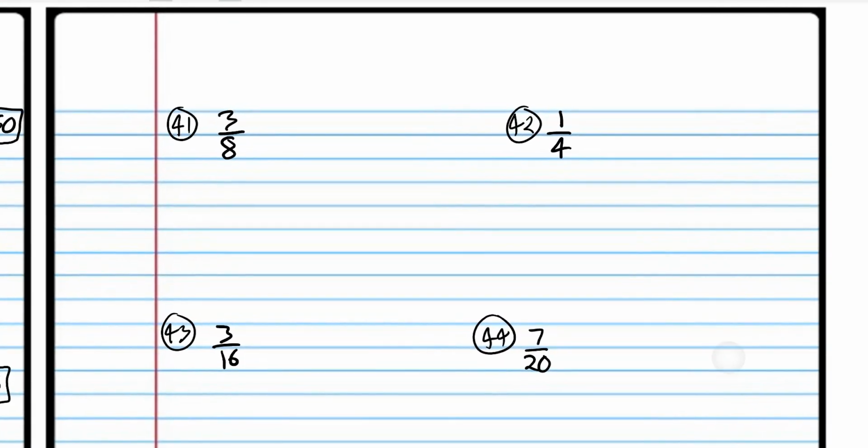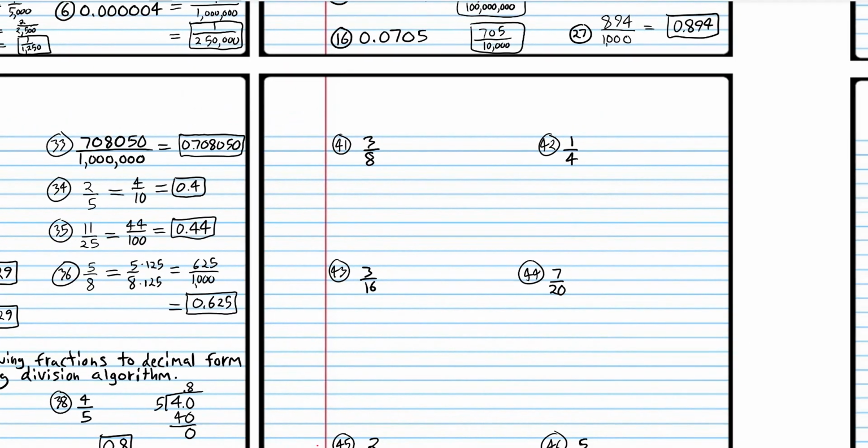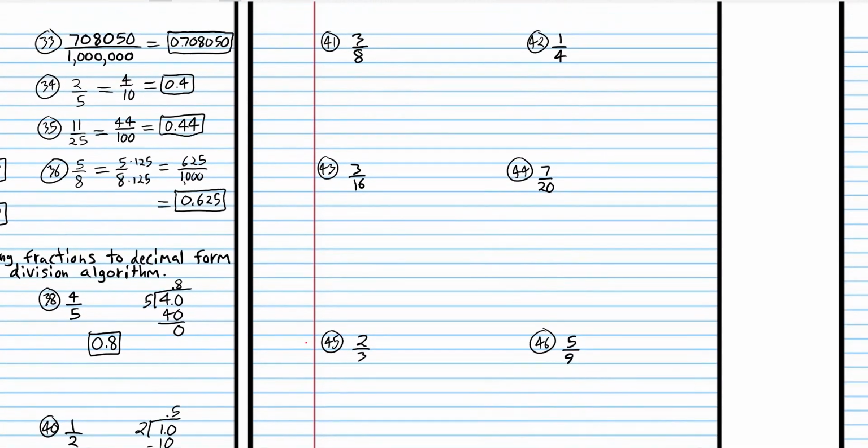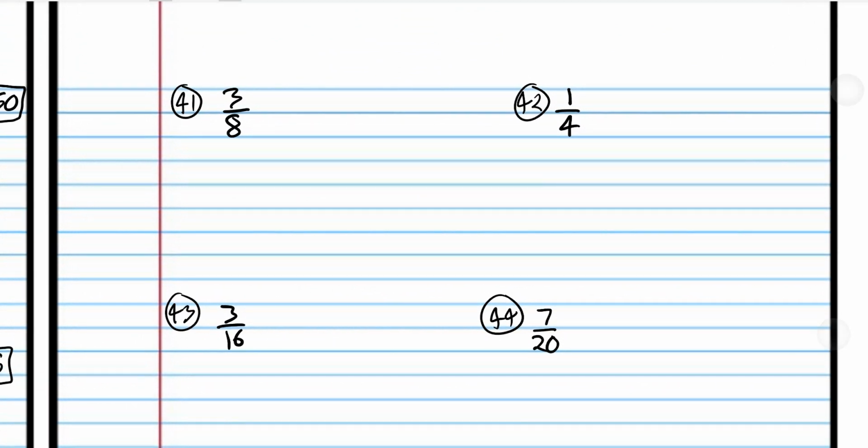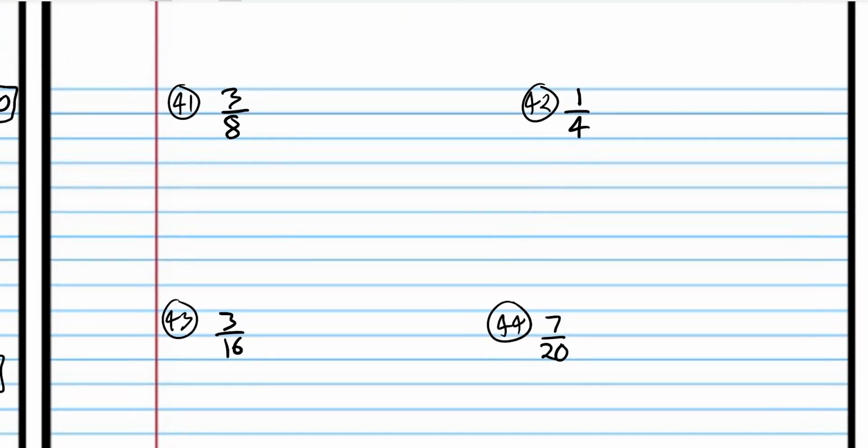All right, why don't you try the next 4 problems, 41 through 44, and when you come back, we'll do them together. Just realize that down here we're going to have a 2-digit divisor, so those are going to be a little bit harder, but I'm sure you can do it. Pause the video, and when you come back, we'll do them together.